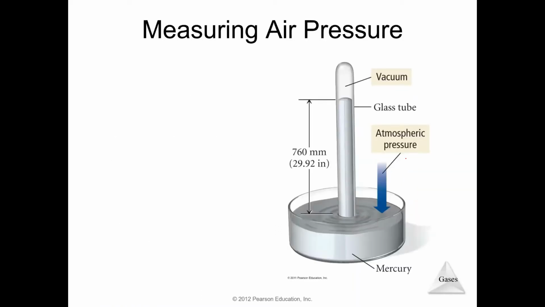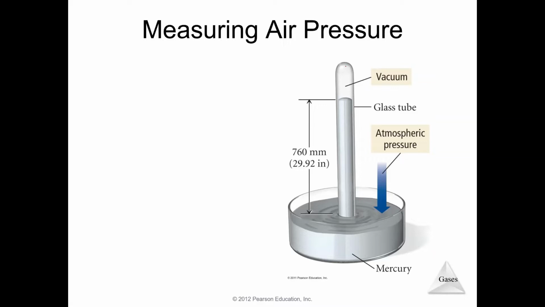So how do we measure the atmospheric pressure, all right? We have air, and this air has some pressure, like any other gases, right? To measure that pressure, actually this was done by a person named Torricelli, an Italian fellow.